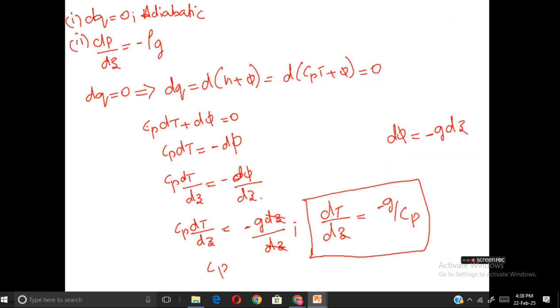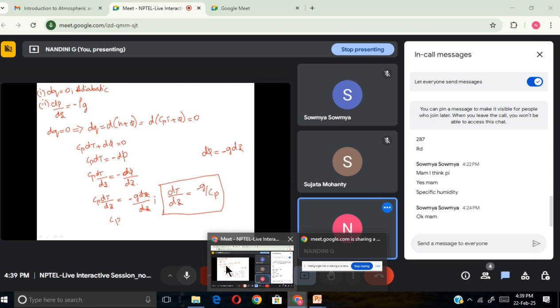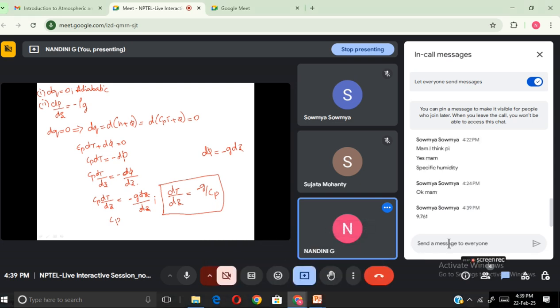It is g by cp. How much will it be? 9.8 divided by 1004. What will be the value of g by cp? 9.761. But it will be minus.